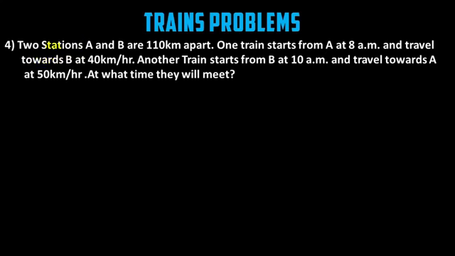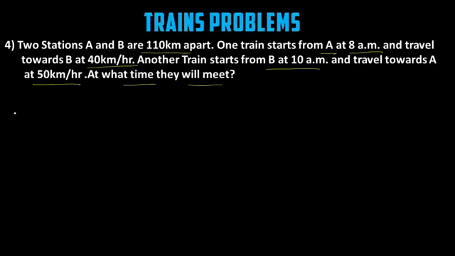Now the fourth question is: two stations A and B are 110 km apart. One train starts from A at 8 am and travels towards B at 40 km per hour. Another train starts from B at 10 am and travels towards A at 50 km per hour, and we have to find the time taken by the trains to meet each other.